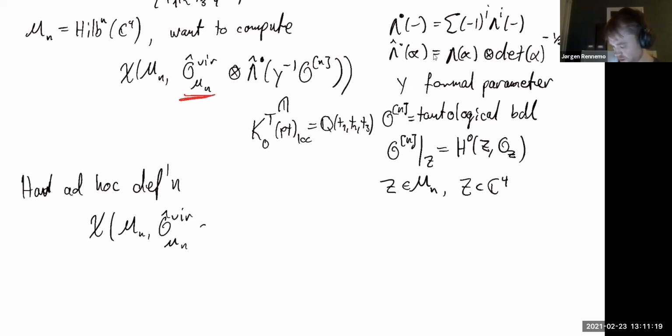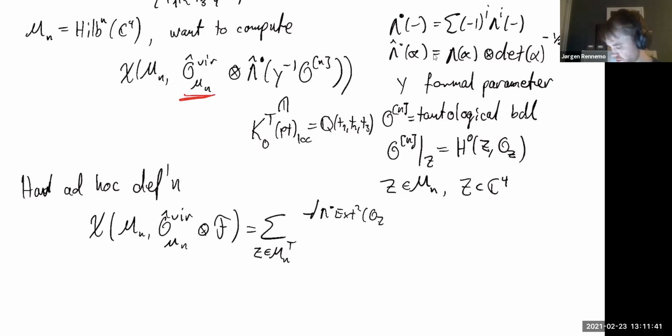So if you take something like this and you twist it by some sheaf, then I claimed what you should be doing is sum over all the fixed points, and you should be taking the square root of wedge bullet x to O_Z dual divided by.